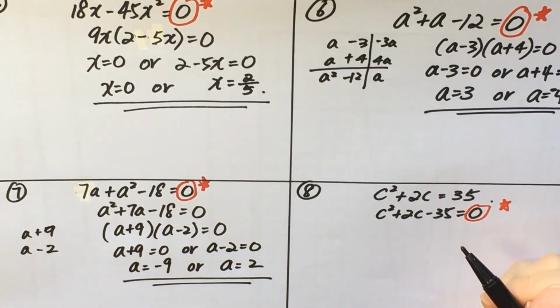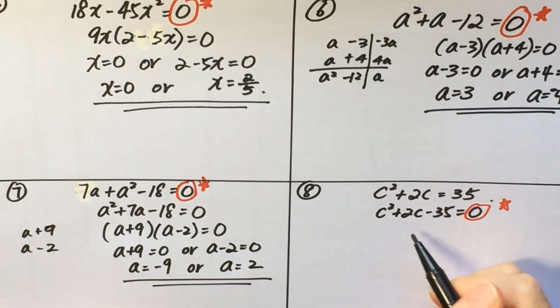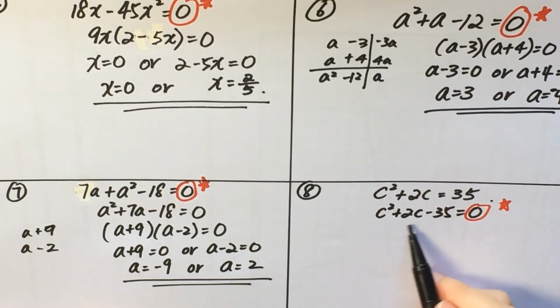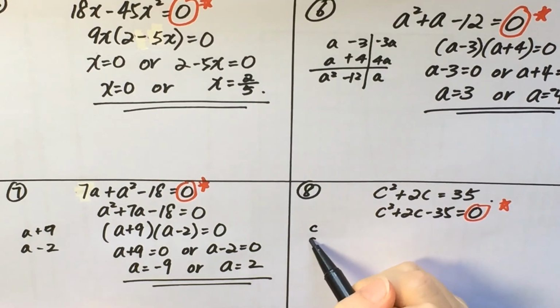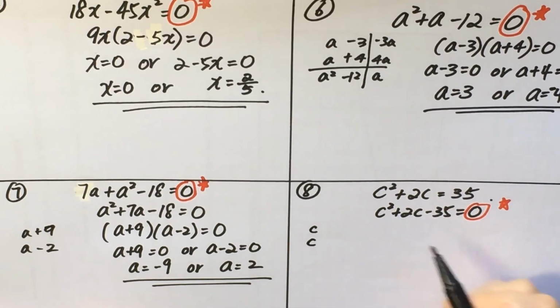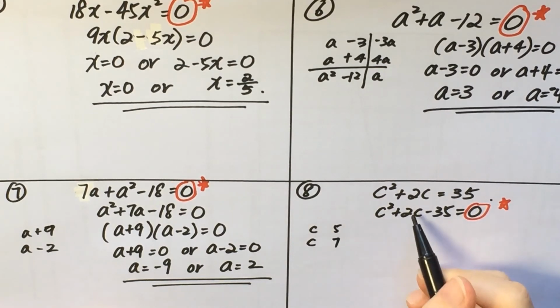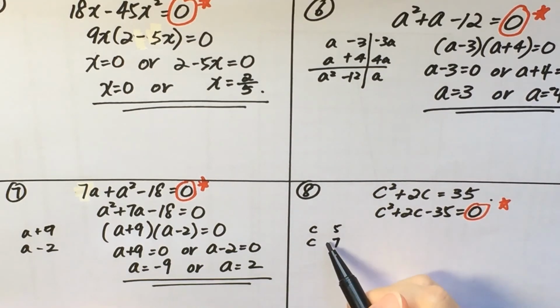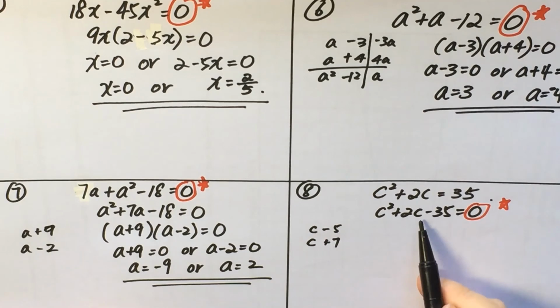Okay, the next question, after we change one side to be equals to 0 already, we're going to factorize again, and same, this is not a perfect square, so we're going to use a cross method. We put it into c times c, and then the 35, we're going to put it to 5 and 7. The middle term here is 2, so we need a plus here and a minus here, so that we have 7c minus 5c equals to 2c.